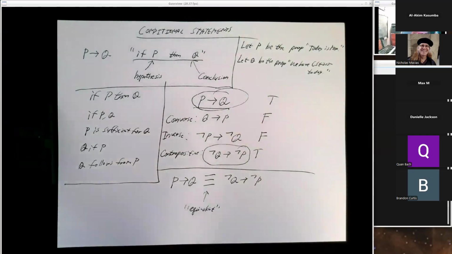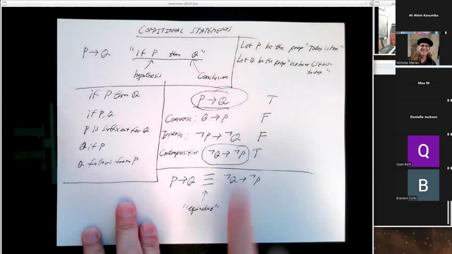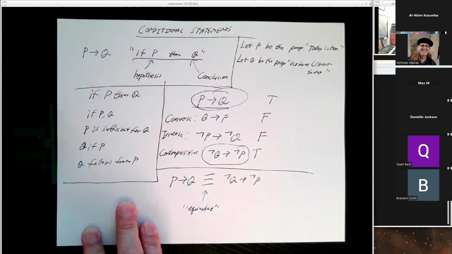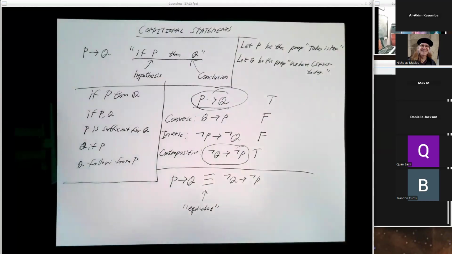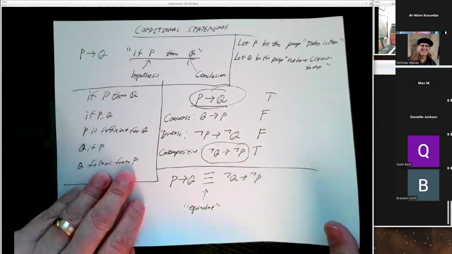And so it turns out a conditional statement is equivalent to its contrapositive, but not equivalent to its converse or its inverse. All right, good so far? Awesome.